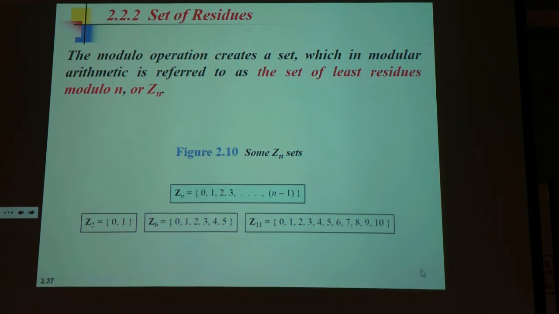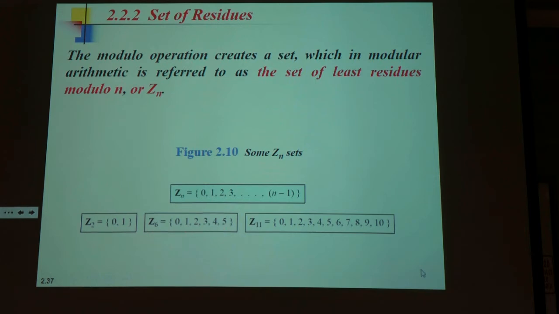So if the modulus is 11, what are the results? 0 to 10. If the modulus is 6, what are the results? 0 to 5, right? So that's what we call the set of residues. Very simple. So Z2 equals 0, 1. Z6 is 0 to 5, and so on and so forth.